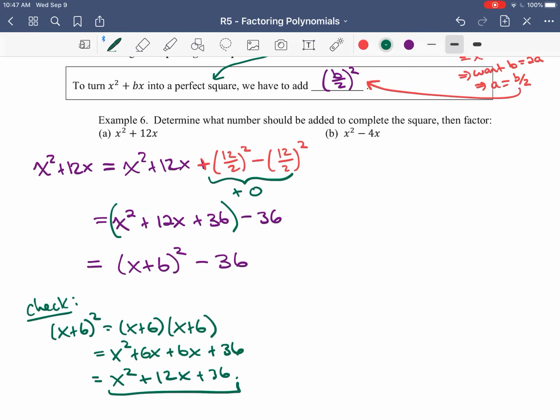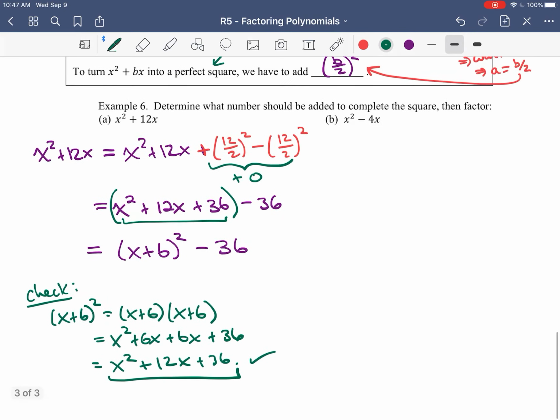So that bit is that bit, so it was the perfect square. Now I'm going to leave part B for you to try. So that's a brief recollection of how we factor polynomials.